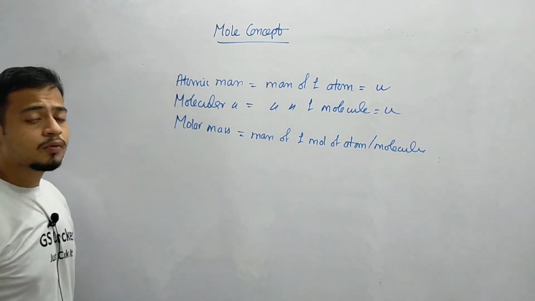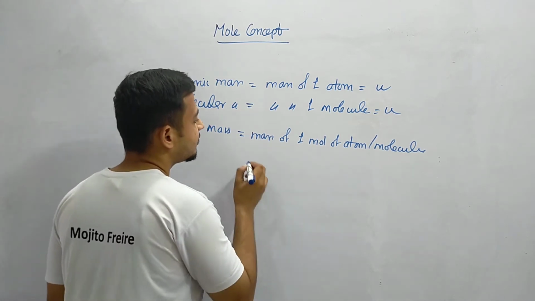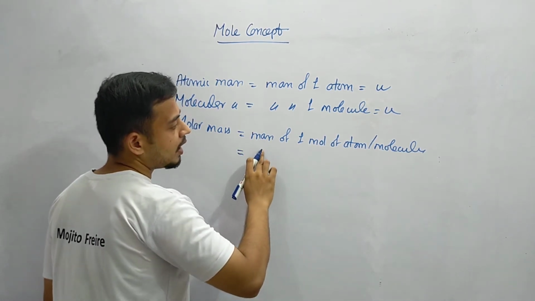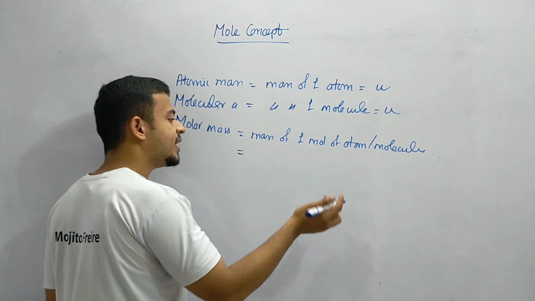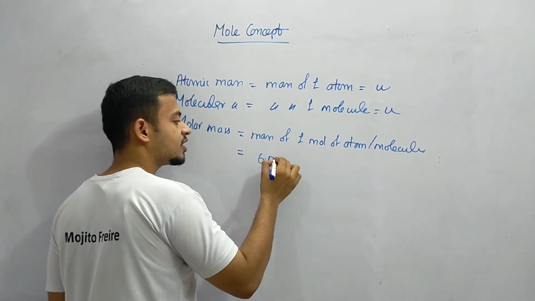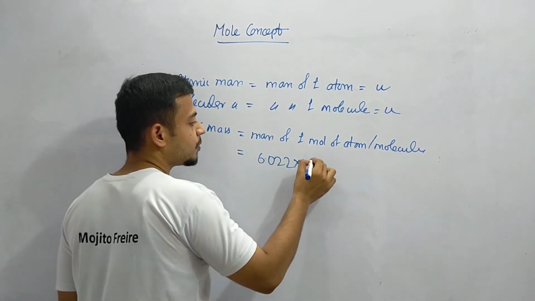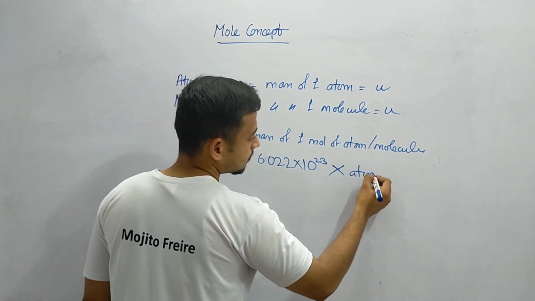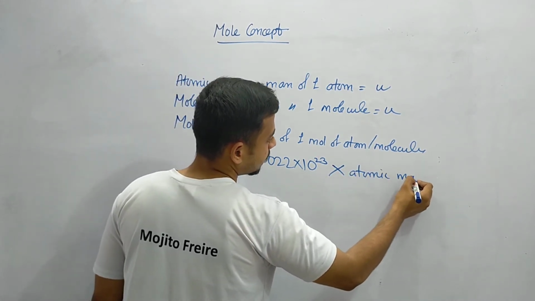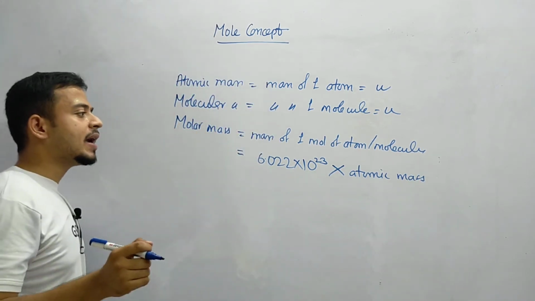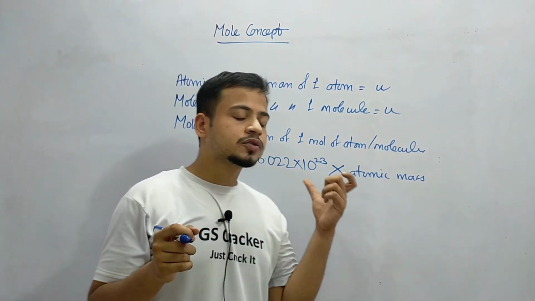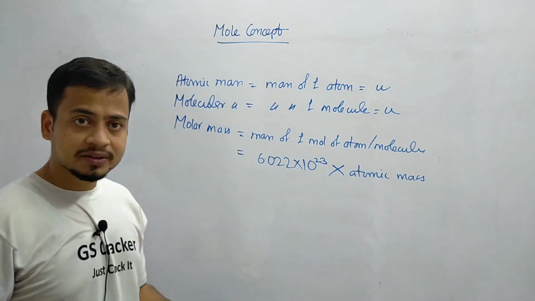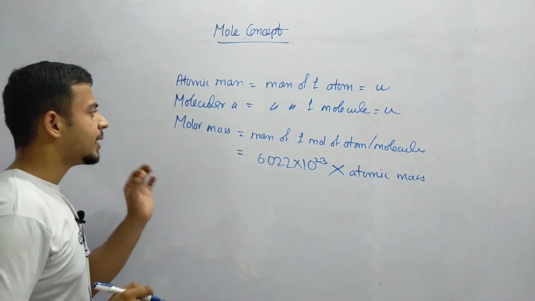What does this mean? If I say mass of 1 mole of atoms, how many atoms are there? 6.022 into 10 raised to power 23 atoms into atomic mass. So when we multiply the atomic mass with Avogadro's constant, we get molar mass. It is as simple as this.